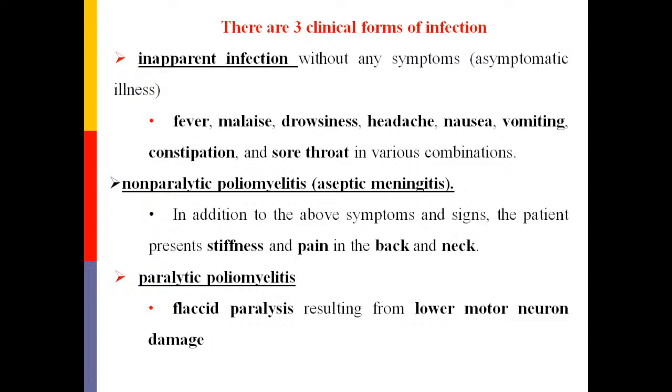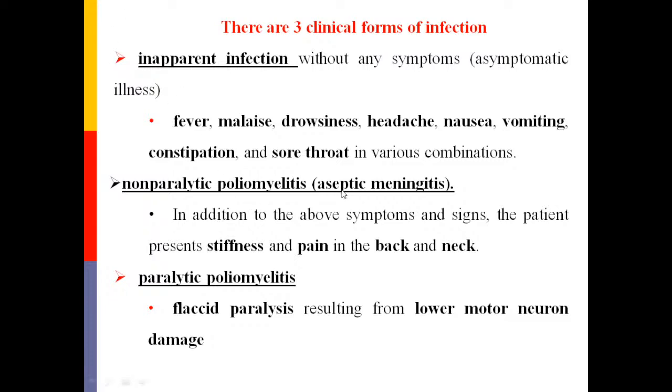So the patient with non-paralytic poliomyelitis has fever, malaise, headache, nausea, and so on, and this child also has stiffness and pain in the back and neck. Why does it happen?